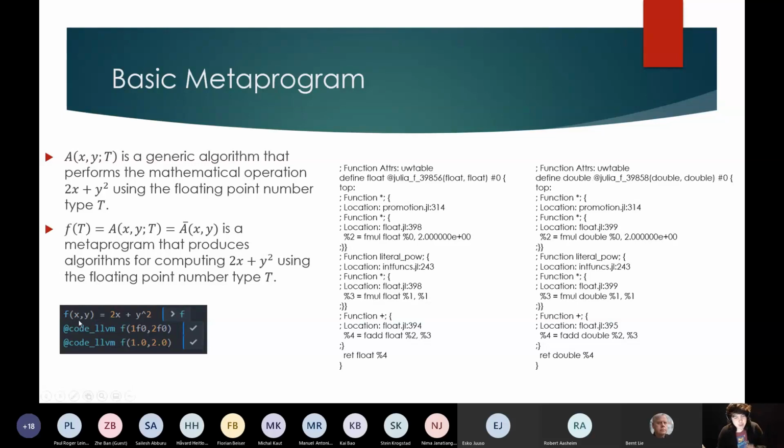If you write down an equation f(x,y) equal to 2x plus y squared, and you do code_llvm on the version where you put in Float32s, and also look at the underlying assembly generated for Float64s, what you'll see is that you get different assembly for the different types, because this is not a single function. This is actually using what's known as multiple dispatch to generate different assembly under the hood, which is optimized for the different forms. And this is the main reason why people know the Julia programming language.